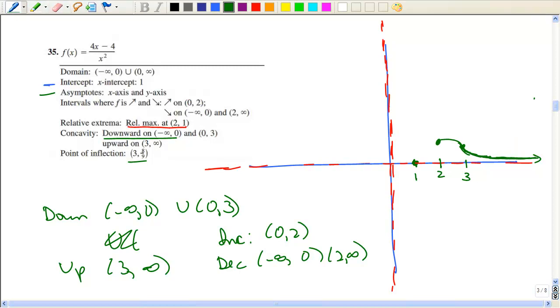But I want to go up from 0 to 2, and I've got to cross the x-axis. So I think maybe something like that. So it's concave downward, and yet I'm increasing from 0 to 2. What's going to be on the other side? It's decreasing from negative infinity way out here to 0. So how could I be decreasing, not cross the x-axis, because I only have one x-intercept?